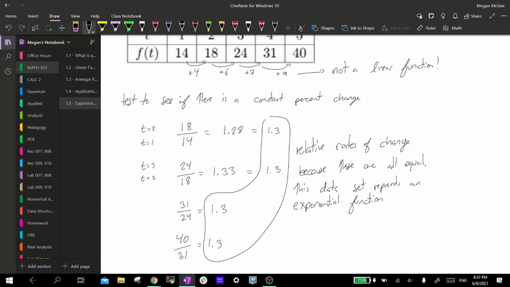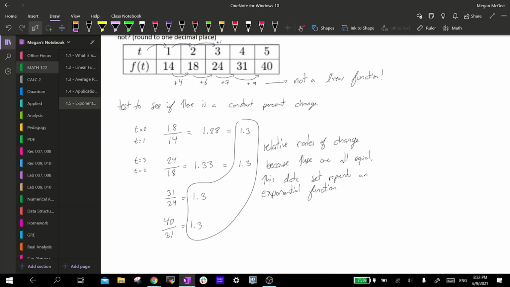Alright, so that is how we check to see if a table of values describes an exponential function or not. And this one is exponential.